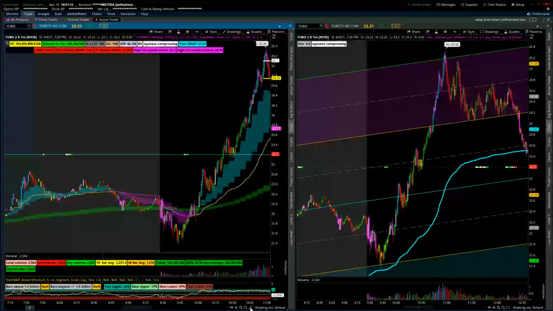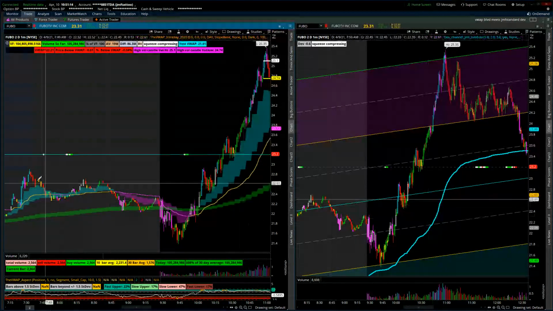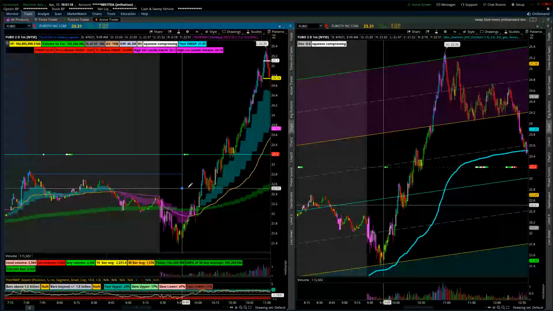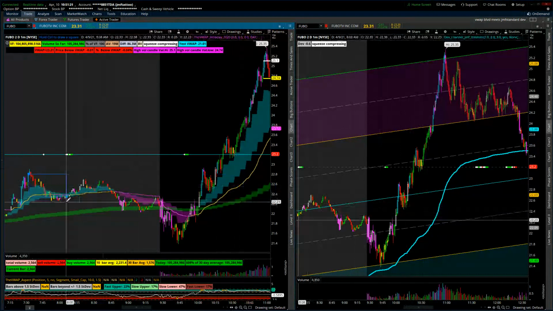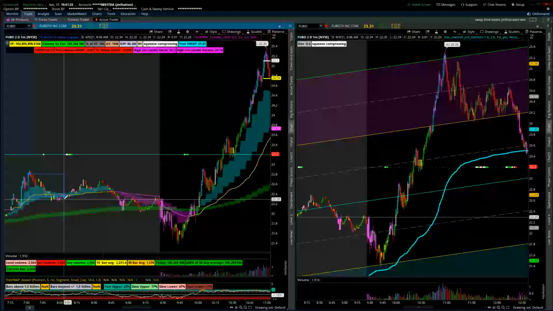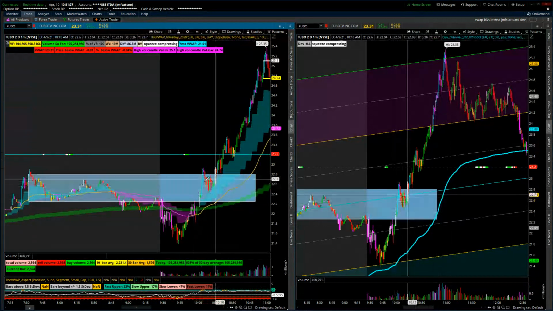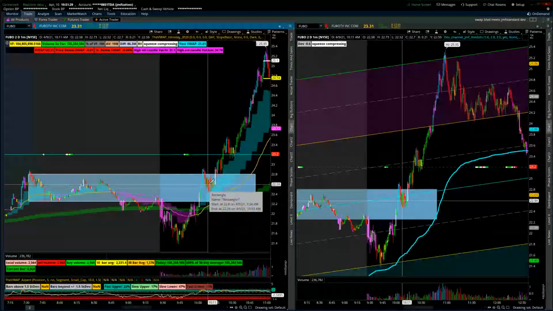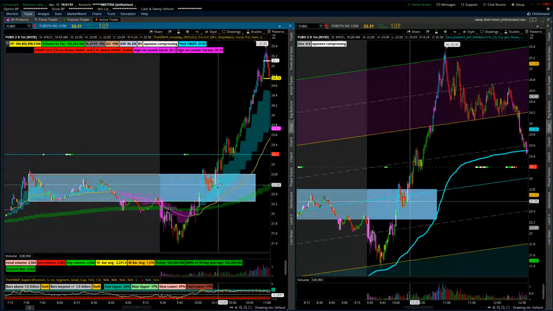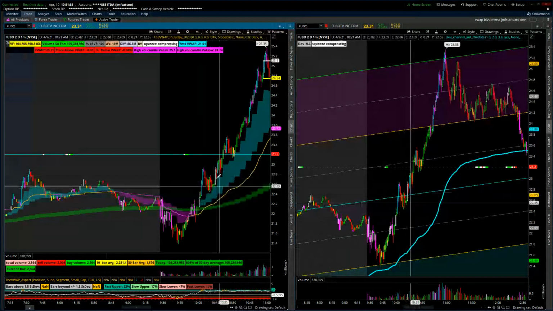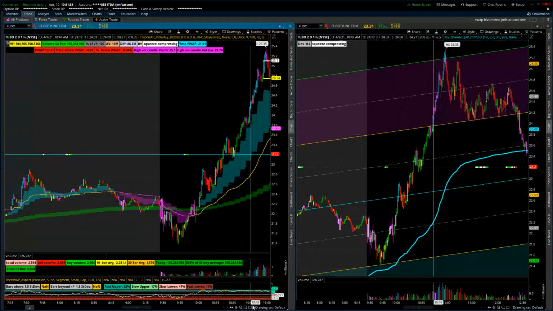So if we drew a box right here, we've got these highs over here that are lending support. This body of price action over here is lending support to this consolidation, and we're looking to join trend on the break of the downtrend to the upside, right?